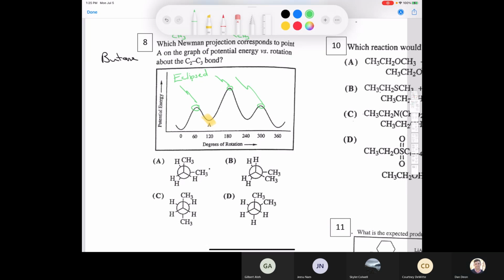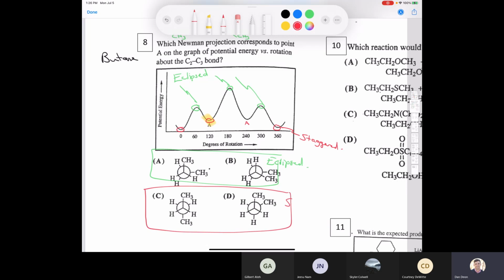And so A and B are both eclipsed. Whereas the minima, these are the staggered conformations, right? A, and this is A over here as well. But anyhow, these ones are staggered. So C and D are both staggered conformations.